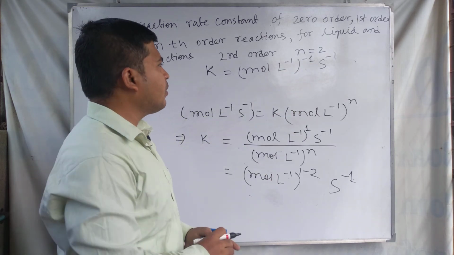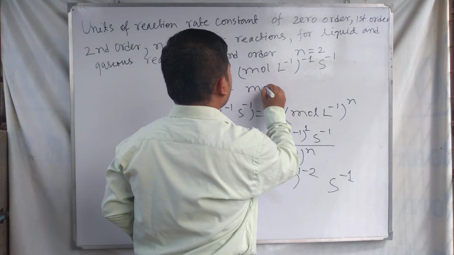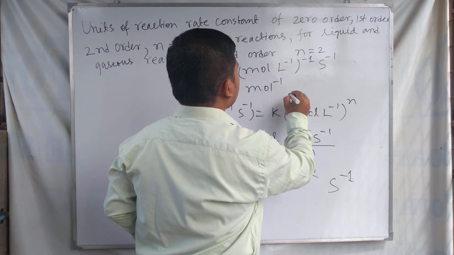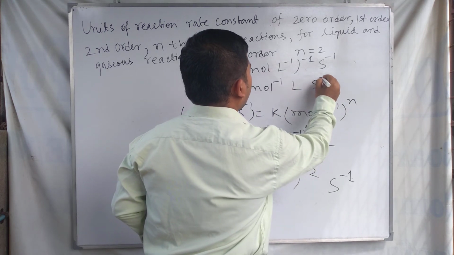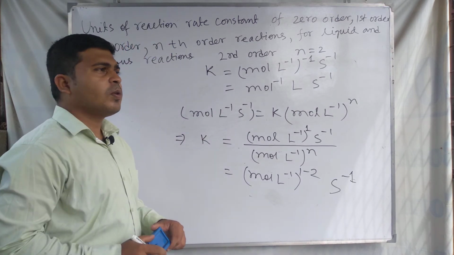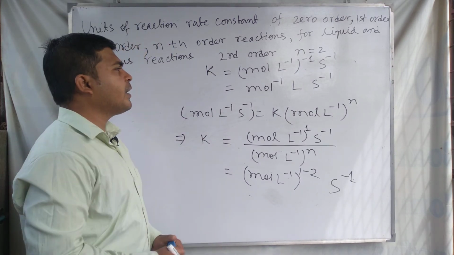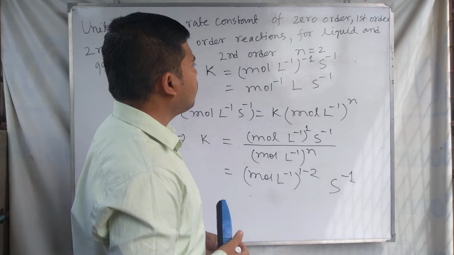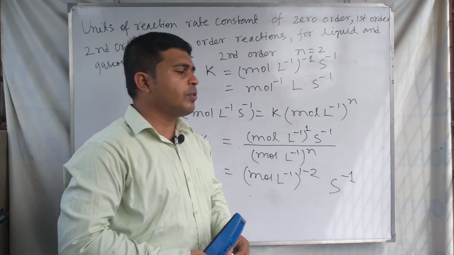You can also write it as mole inverse liter second inverse. This is the unit of the second order rate constant.